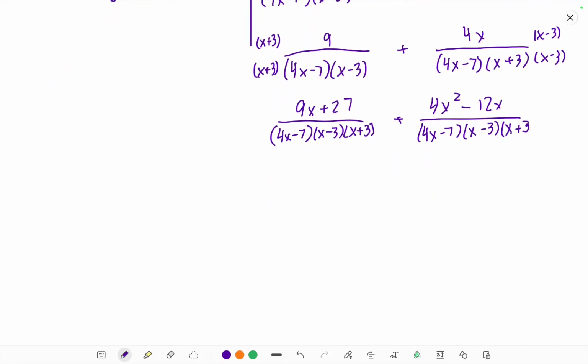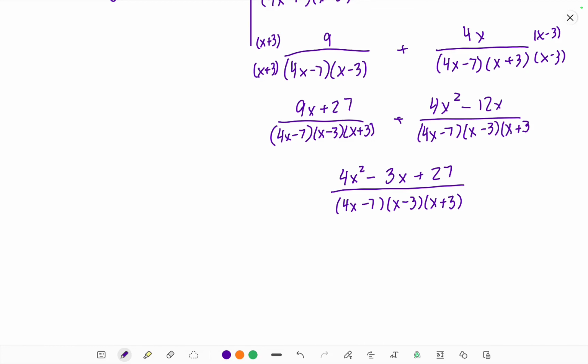Combining like terms in the numerators, we get 4x squared minus 3x plus 27 all over (4x minus 7)(x minus 3)(x plus 3).